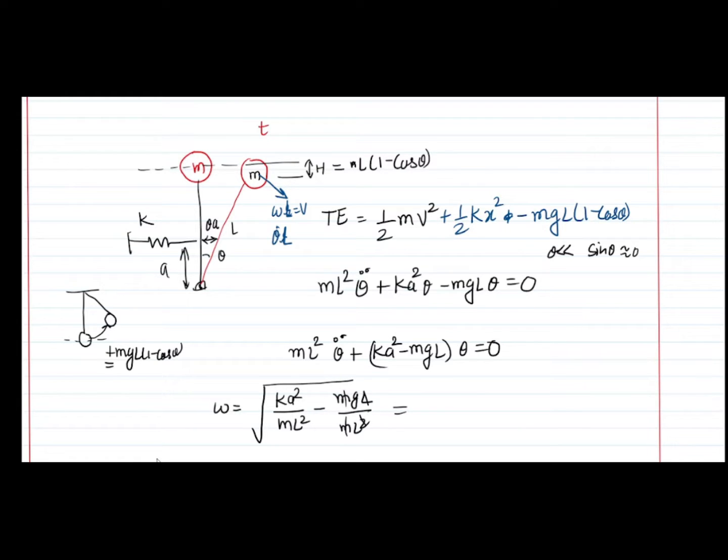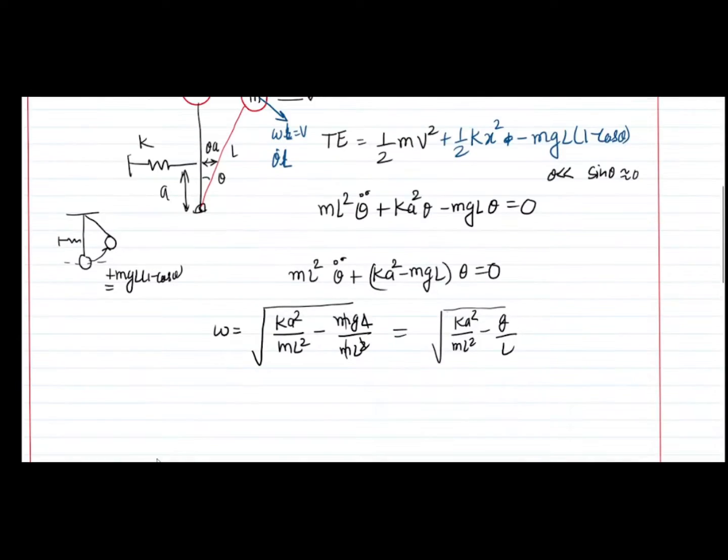So finally my expression will be omega equals under root k a square by m l square minus g by l. In case of the simple pendulum with spring, we had a positive sign here, and you can see that if this expression is negative, there will not be any vibration, and this is actually giving us the stability and instability criteria of an inverted pendulum.